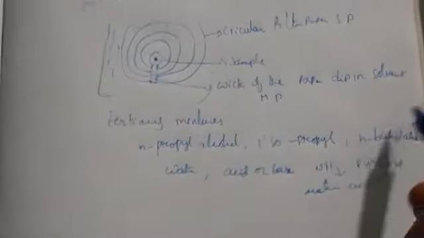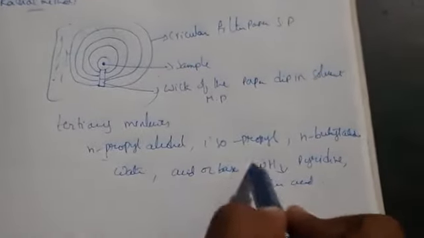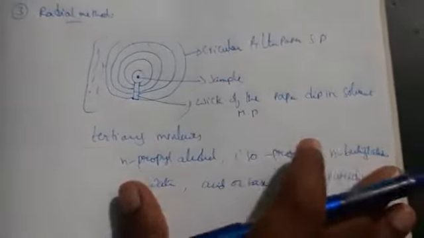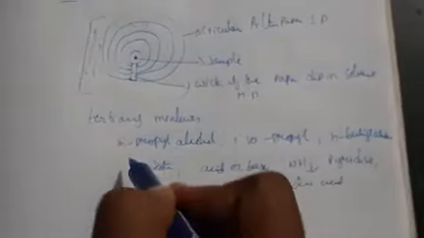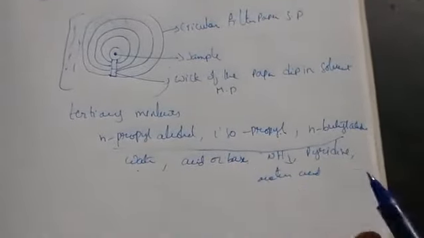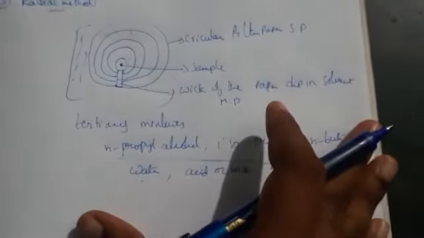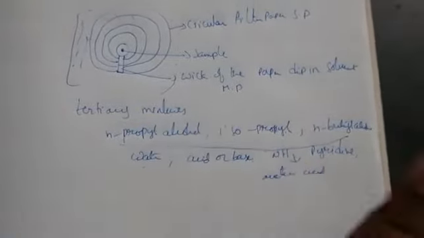Second, whatever mobile phase we are taking, if we mix these components, then the organic compound is separated. So these three are organic components, and this is reacted with water and acid or base. When you react them, automatically the organic compound is separated.